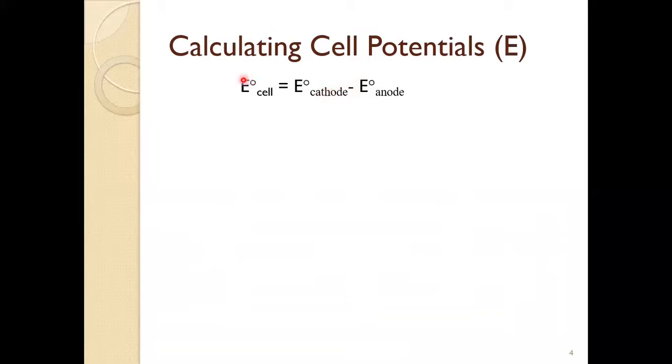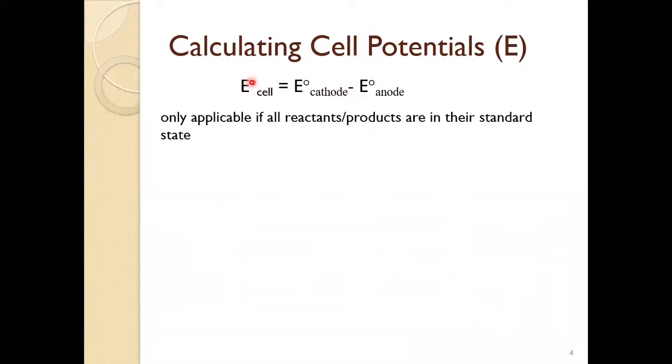This number is only applicable when all the reactants and all the products are in their standard states. But in reality, when we're actually doing experiments, it's very rare that we'd run an experiment where everything was in its standard state. Normally, things are done under non-standard conditions.